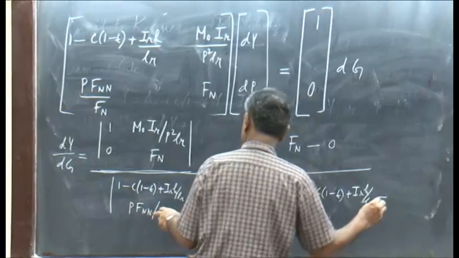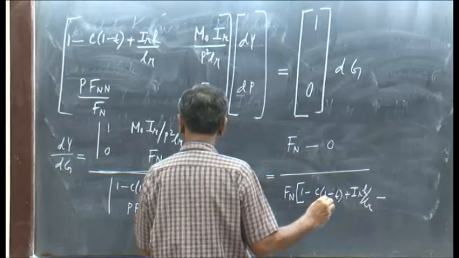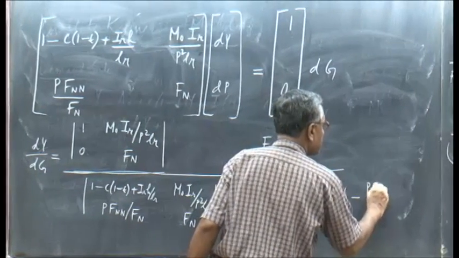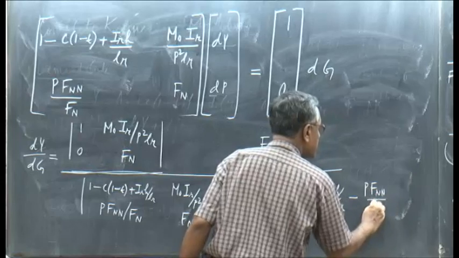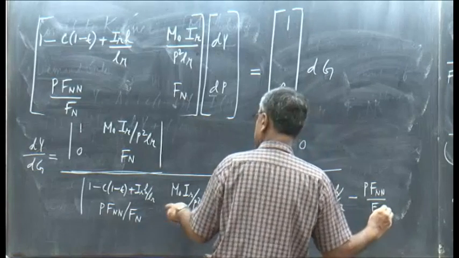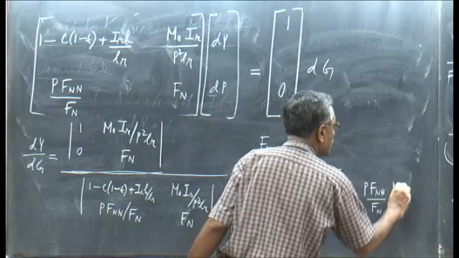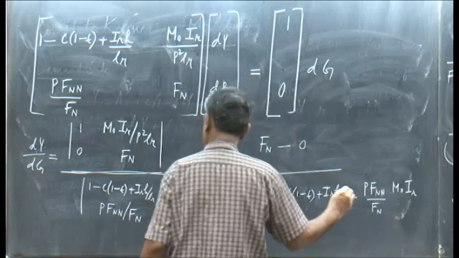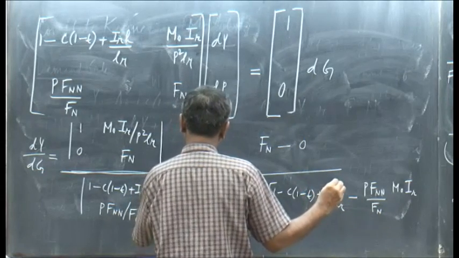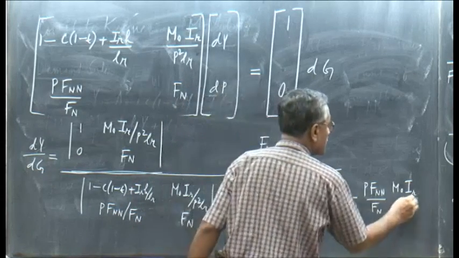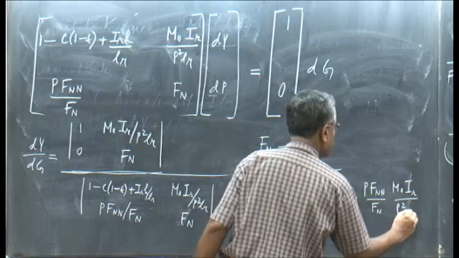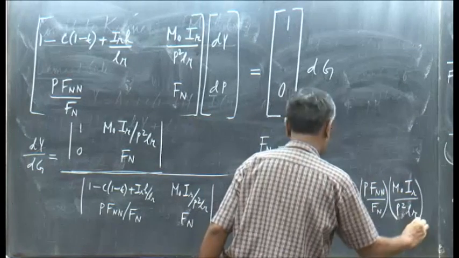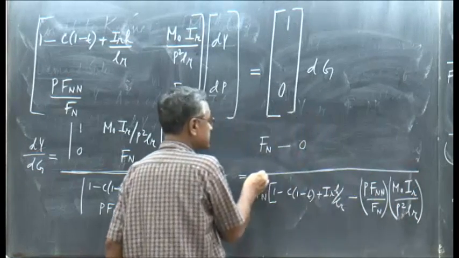My goodness, it is a mess, minus Pfnn divided by Fn into m naught IR over P square LR. Two terms.